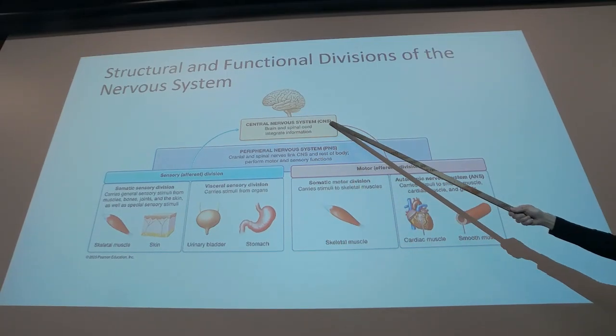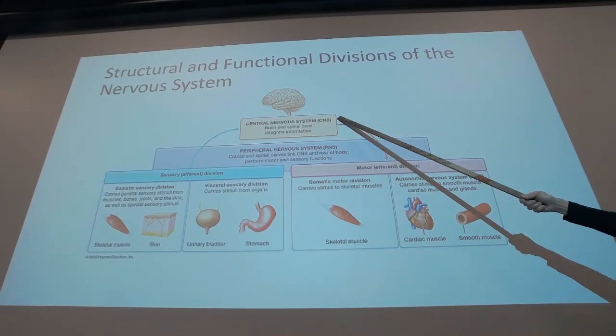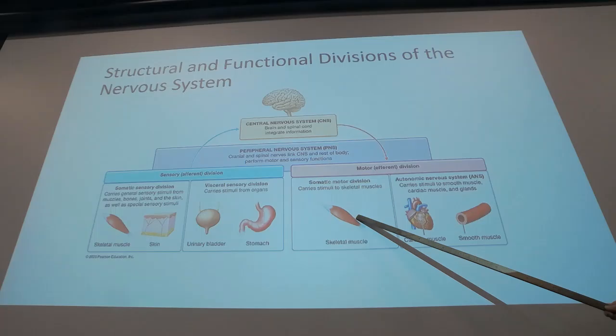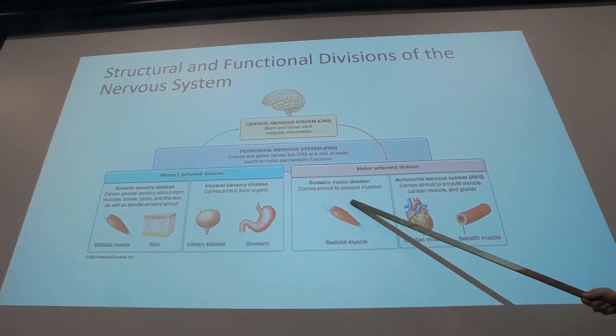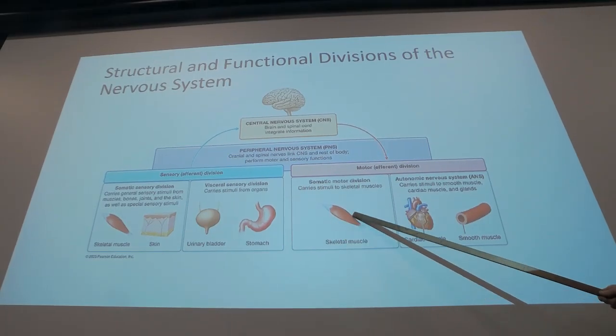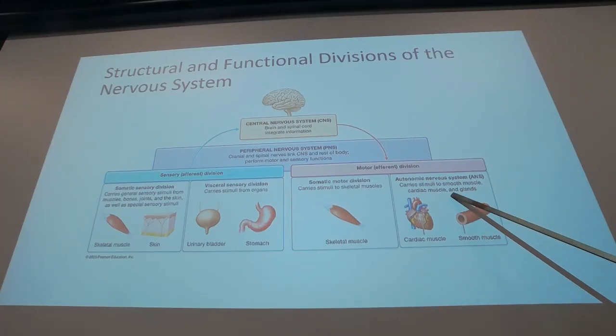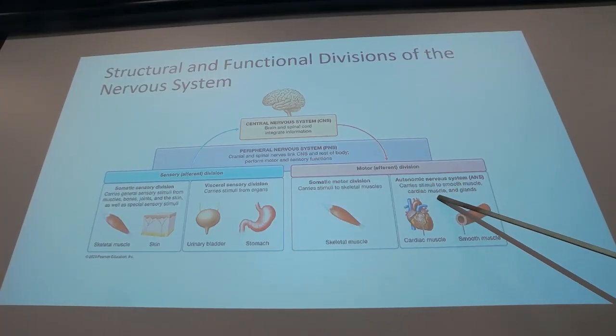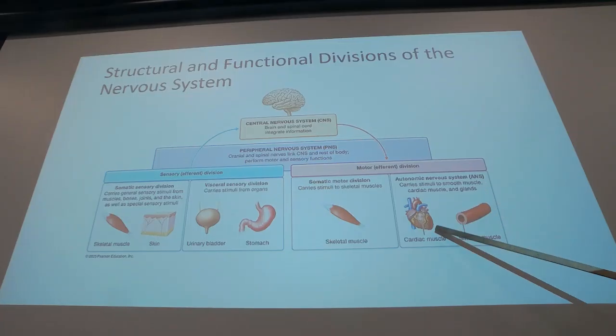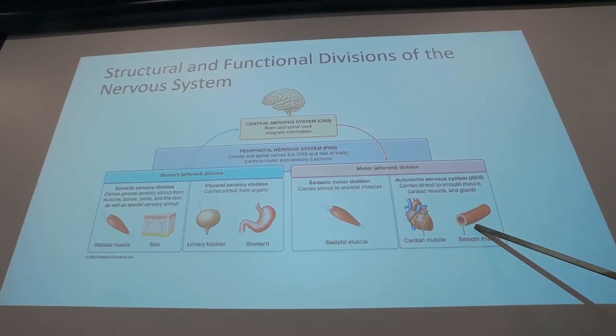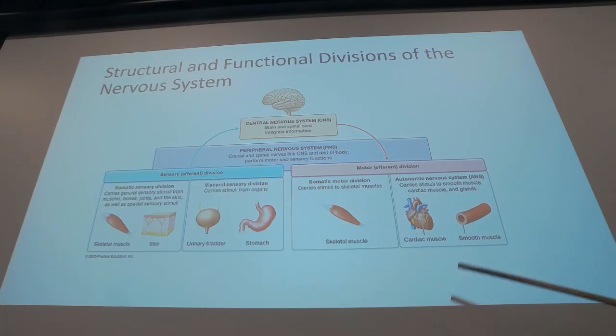And then you will have a motor or efferent division that controls your skeletal muscles. And then a visceral division that is controlled by the ANS that makes your heart contract, your smooth muscle contract, and your glands as well.